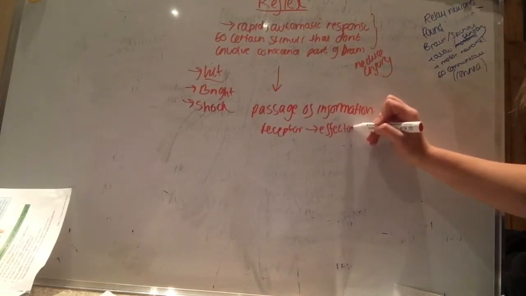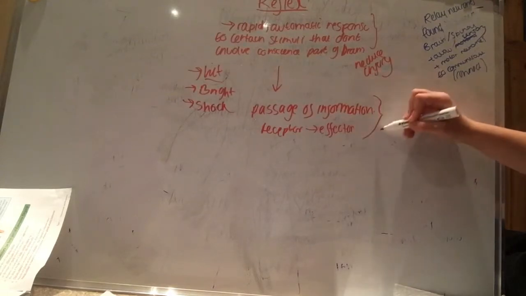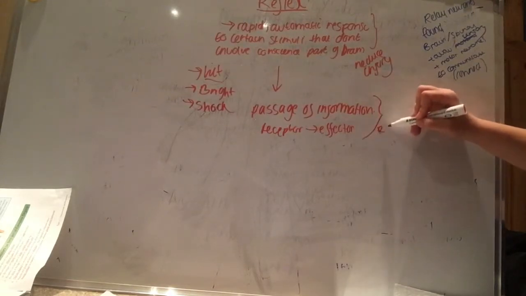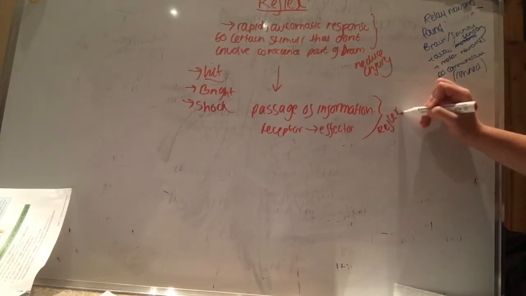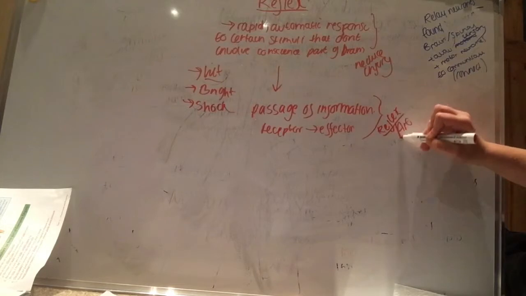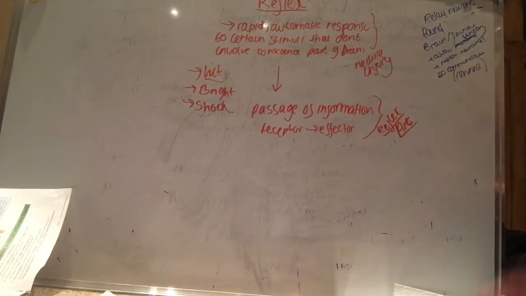And this passage of information from the receptor to effector is called the reflex arc. The reflex arc goes through the CNS. So neurons in the reflex arc go through the spinal cord, or the unconscious part of the brain.